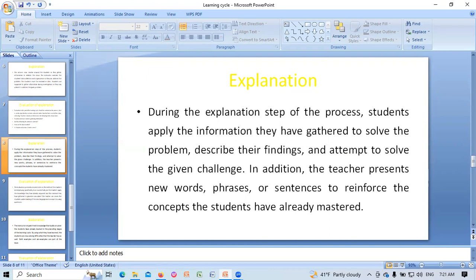In addition, the teacher presents new words, phrases, or sentences to reinforce the concepts the students have already known.